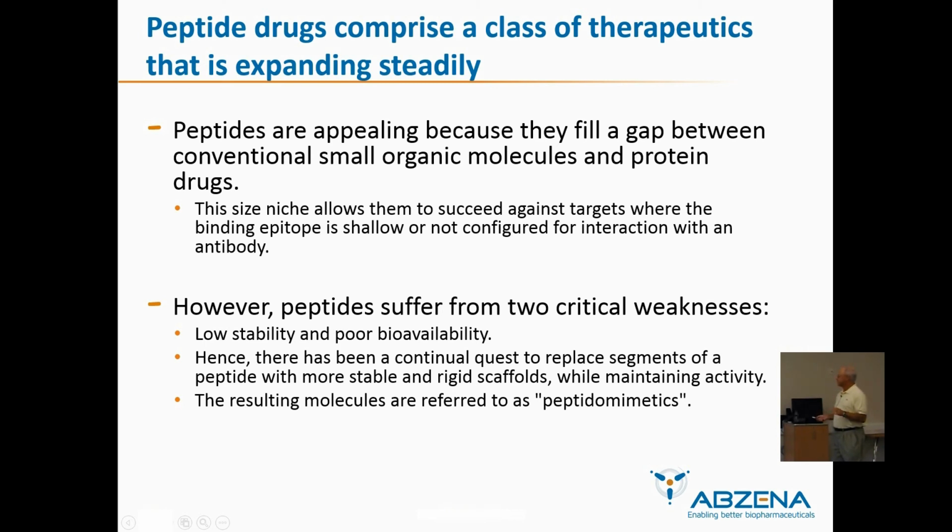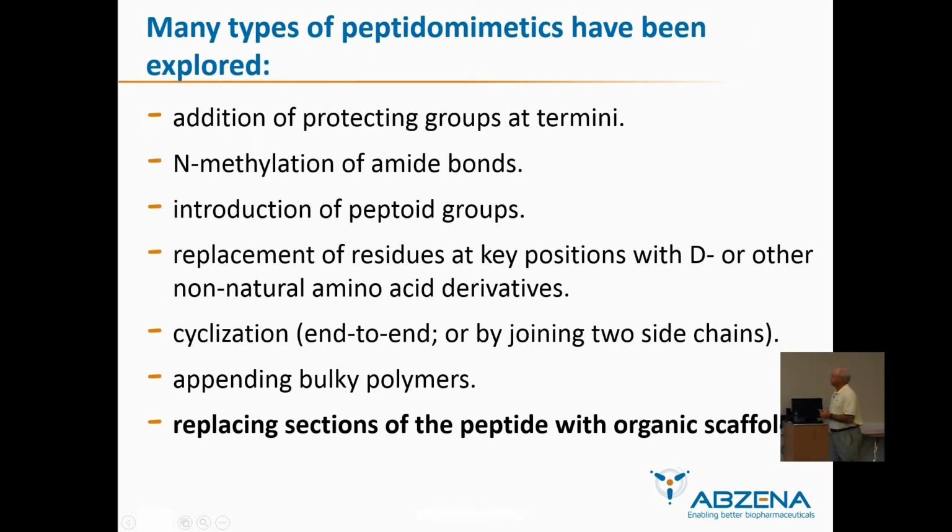But peptides, of course, they're unstable, they're hard to deliver. So people have spent a lot of time trying to make peptidomimetics, so something that's peptide-like, but also kind of a hybrid between the peptide and an organic molecule to try to improve the properties. And they've tried a number of strategies for doing this, and today I'm going to talk about this one, which is replacing parts of the peptide with our organic scaffold.